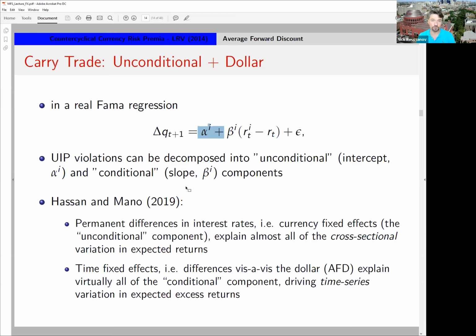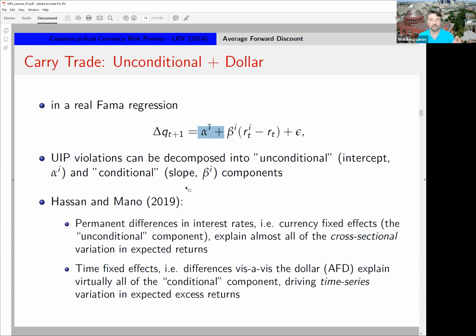And that's kind of what you find when you start sorting countries based on interest rate differentials, a variety of other measures that Adrien mentioned, and I'll talk a little bit about that as well. Or you just look at the country's currencies vis-a-vis the dollar, and this is what the average forward discount seems to be picking up: this conditional risk premium that is associated with where the US interest rate is relative to the rest of the world, or at least of the developed countries.